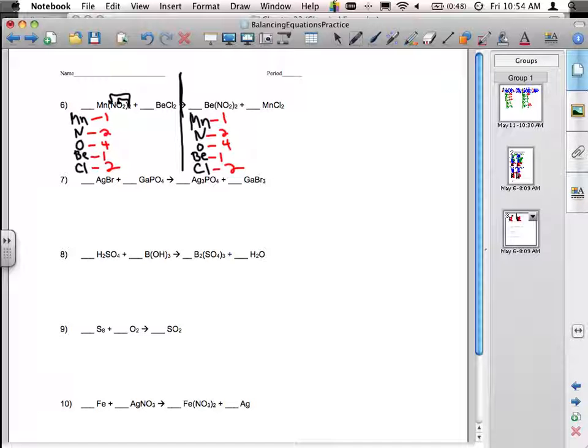If you guys did your counts right, you should notice it is balanced. Okay, move on, number 7.